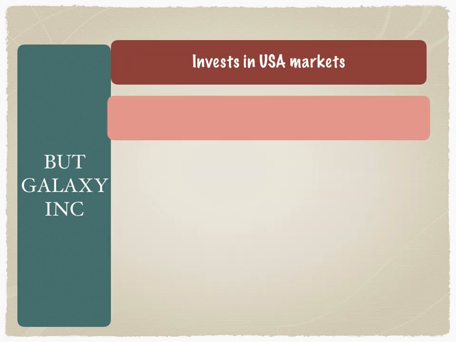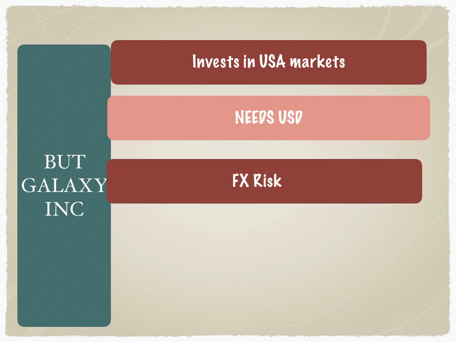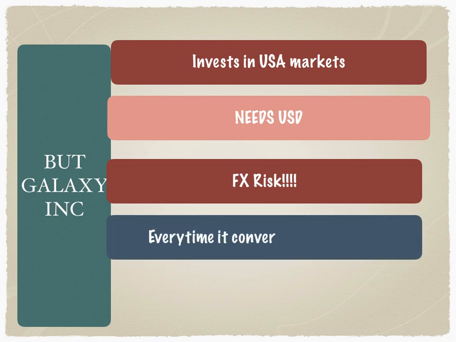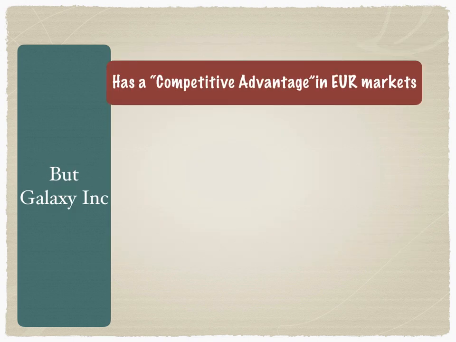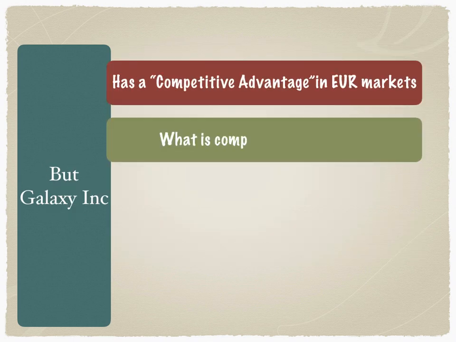But Galaxy Inc. needs USD, and every time it has to convert EUR into USD because it invests in the US markets, this is the FX risk for Galaxy Inc. But Galaxy Inc. has a competitive advantage in EUR markets.